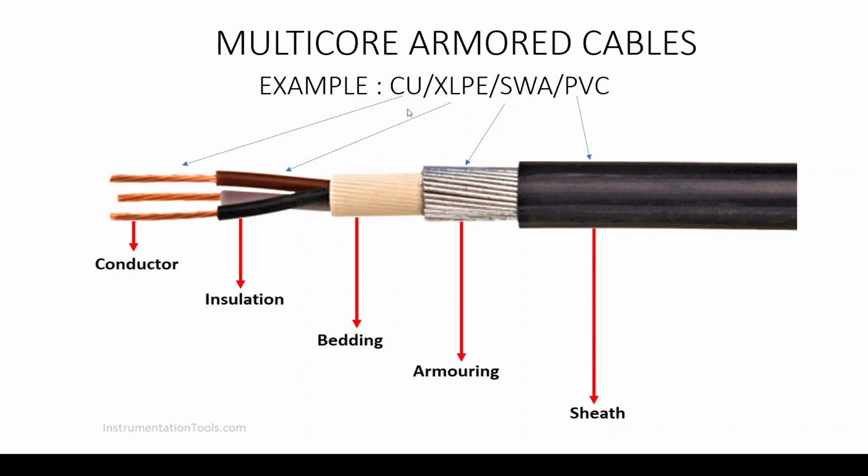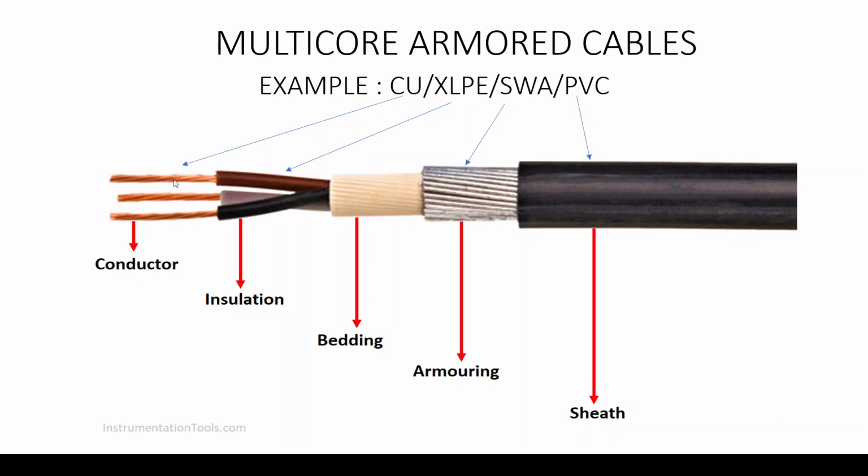As you can see here, this is an example notation of an armored cable, CU/XLPE/SWA/PVC. So this is a steel wire armored cable. Let's go through them one by one. CU is the first part, where you are specifying whether it is copper or aluminum. So Cu is copper in this case.